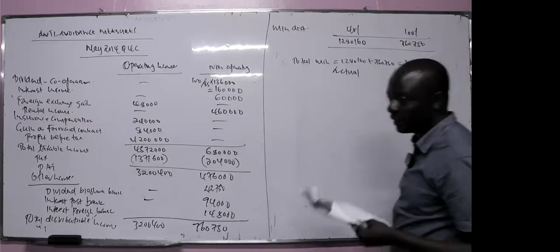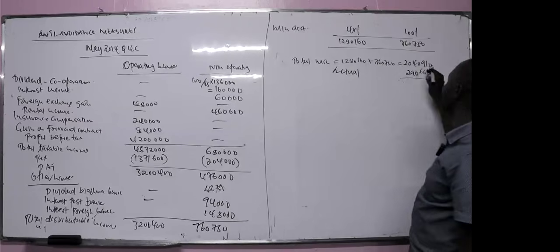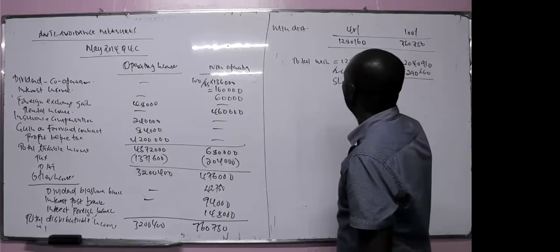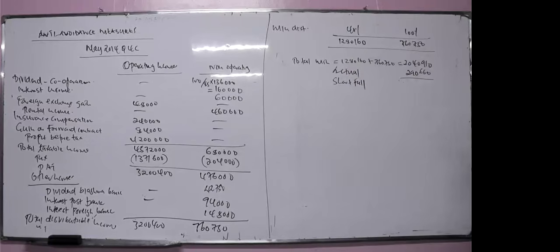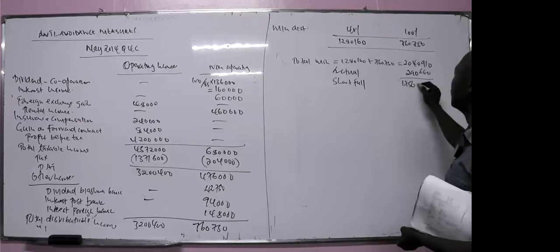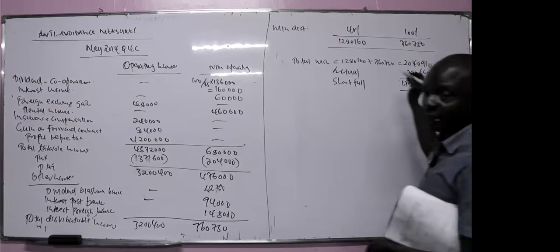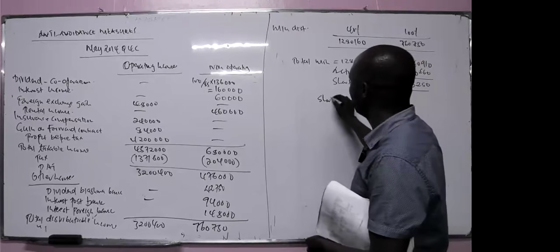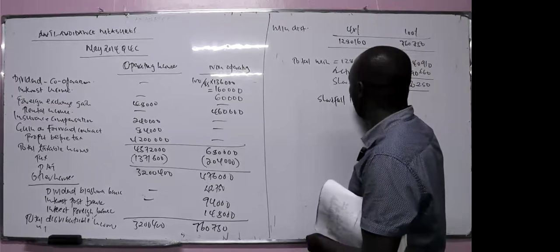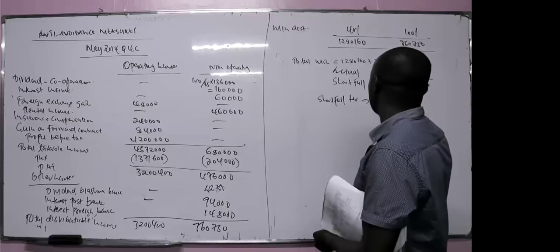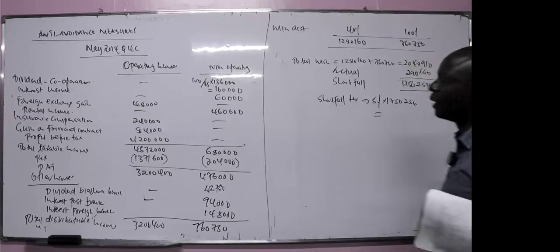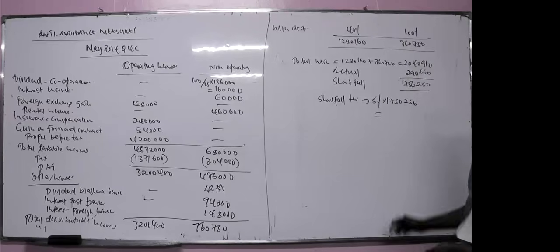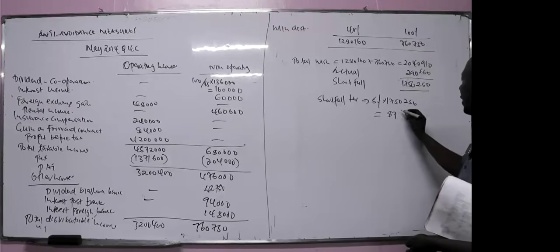Is it 660? It's okay. Shortfall, 1,750,050, isn't it? Shortfall tax, 5% of 1,750,050, 8,745.